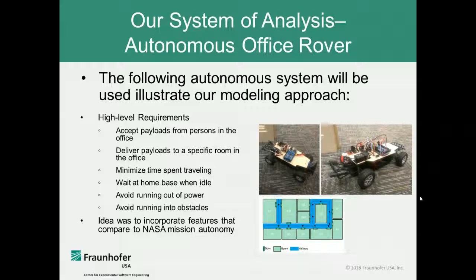It was just a small rover that drives around the halls, and we came up with some requirements and tried to model them using our approach. The domain is a small rover that drives between offices and delivers small packages. So if I want to send a note to Madeline through the physical world, I can put it on the rover and it would drive to her. So we'll just go to the next slide.